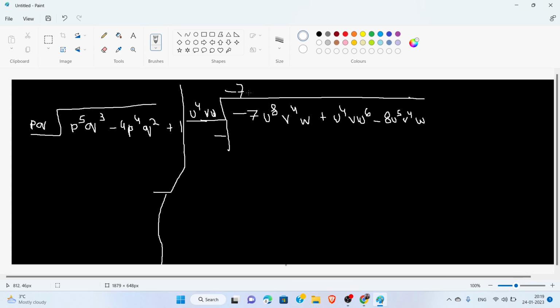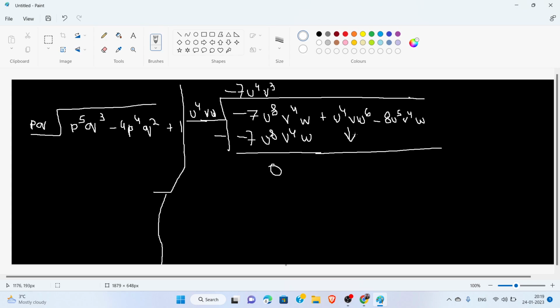Firstly, I need to multiply u to the power 4 to get u to the power 8. Now I need to multiply by v cubed, so I get v to the power 4, and because I already have w and they're all raised to the same power, I'm not going to multiply by w. I'm just going to leave it as it is. So again, we'll get 0, very satisfying, right?